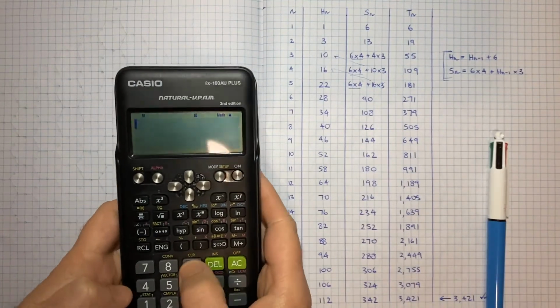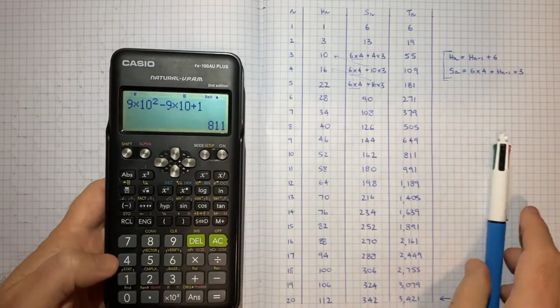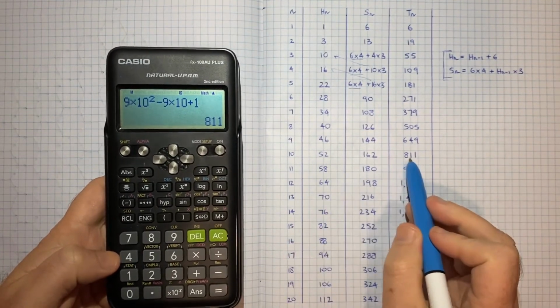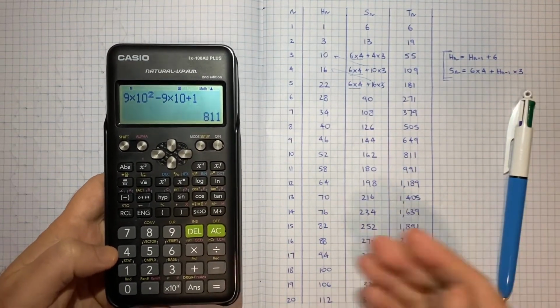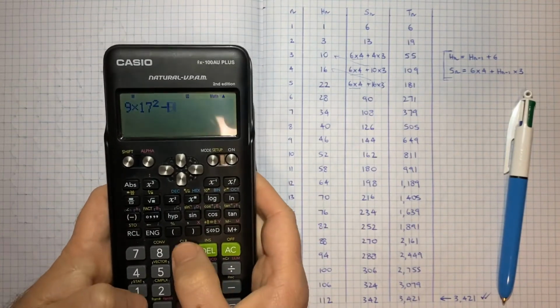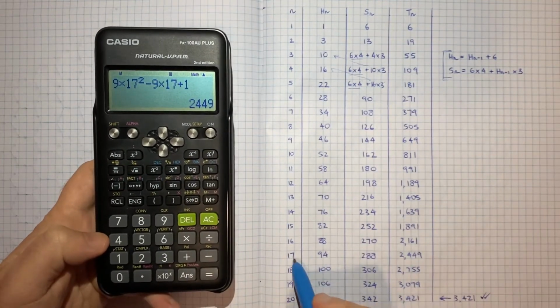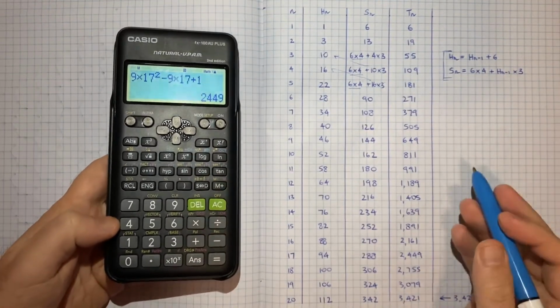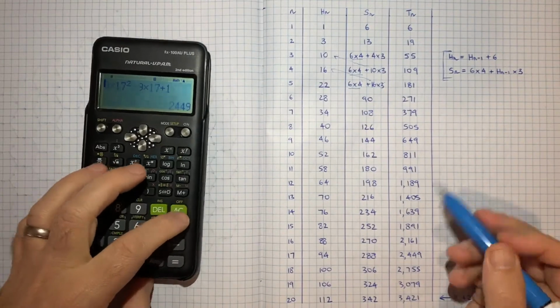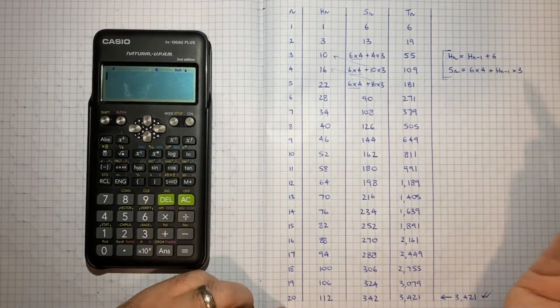If I do 9 times 10 squared minus 9 times 10 plus 1, we get 811. Perfect. Just one more, 17. 9 times 17 squared minus 9 times 17 plus 1 is 2449. Perfect. So there are 3 simple checks to verify that, at least for what I know, it's giving the right answer.